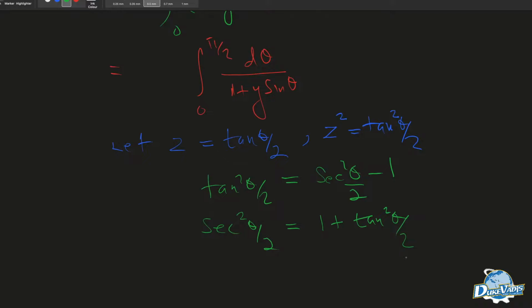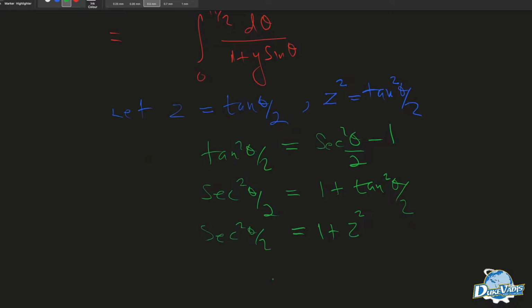Now we know that this can also be written as 1 plus z squared. Okay, so it can be written like that. So let's put this one aside, okay, and we delve deeper.